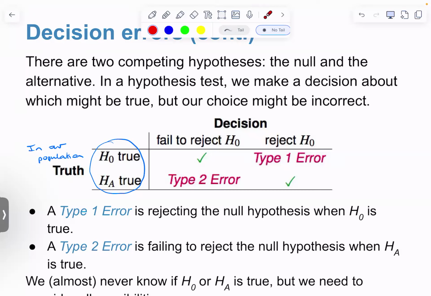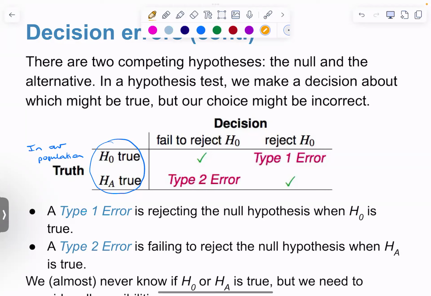And so when we reject H naught, it's possible that we're making a type 1 error. Because our p-value, remember, is the probability that we saw a p as extreme or more extreme, assuming the null hypothesis is true. Now, it could have just happened by random chance alone, right? But if that probability is small enough, then we reject H naught, but then we open ourselves up to a type 1 error.